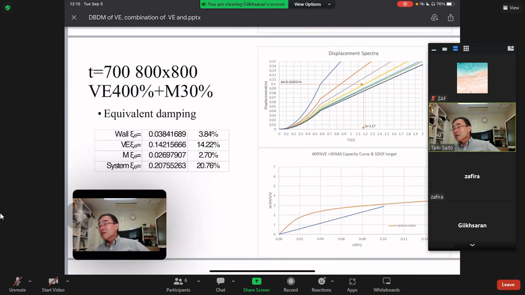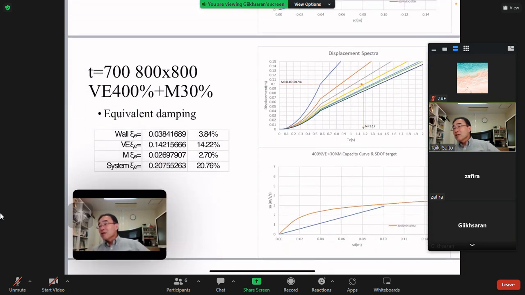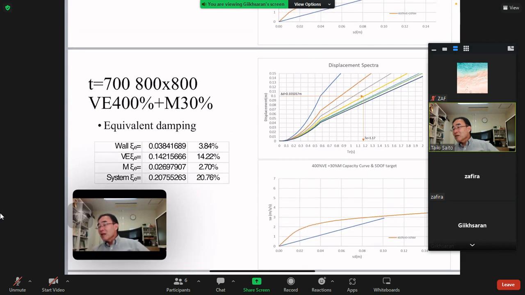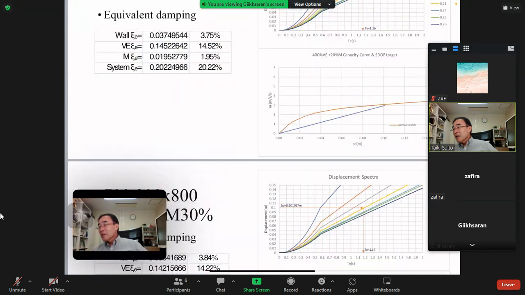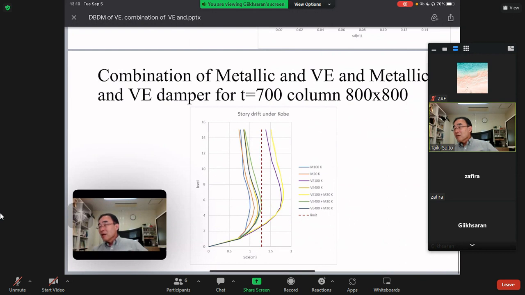And this one is good too. Final, yeah. So if the straight line and the orange line match together, it also gives a good result for dynamic analysis, I mean, close to the target displacement.